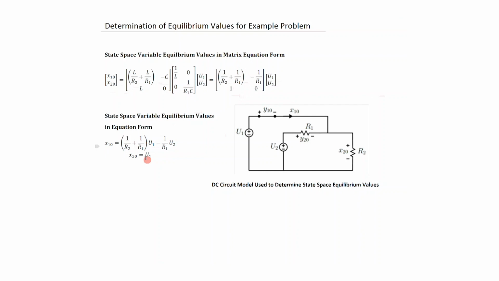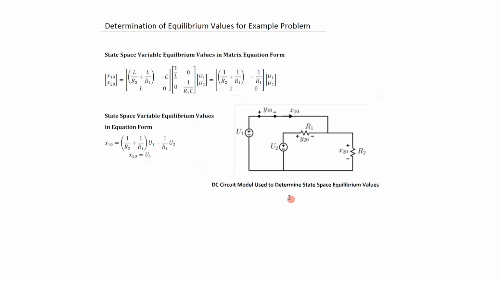Now you could have also done this by inspection, because what you would do is basically take the existing circuit that you had and do the DC circuit model. And the DC circuit model essentially would mean all inductors are shorted, all capacitors are open circuited, all voltage sources that are non-DC are shorted, and all current sources which are non-DC are open circuited.